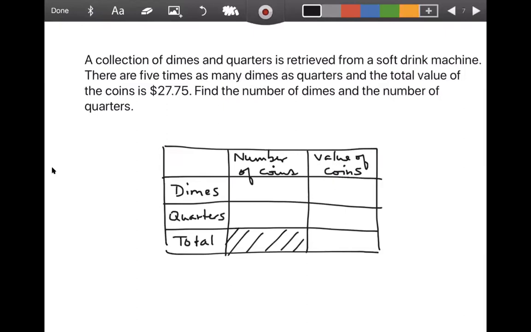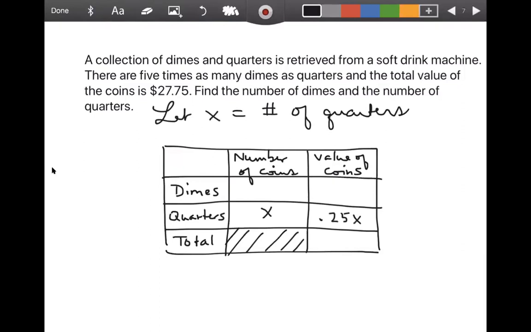This time there are 5 times as many dimes as quarters. So it makes sense to let X equal the number of quarters. All right, so I'm going to put X here, which means the value of the coins is 0.25X.